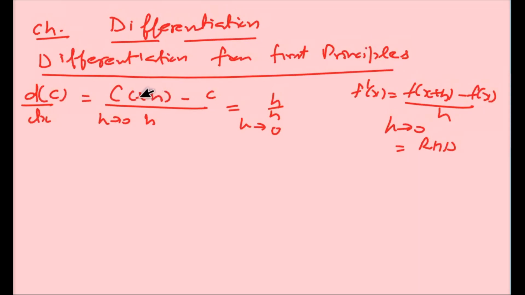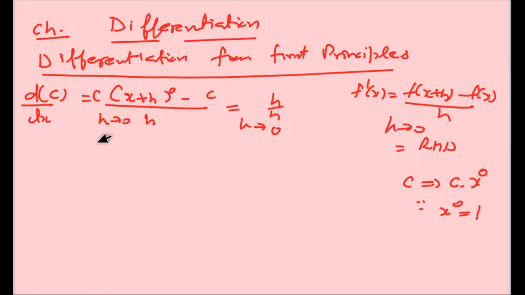we write here c, taking common, x plus h to the power 0. Here constant function means constant into x to the power 0, since x to the power 0 is 1.